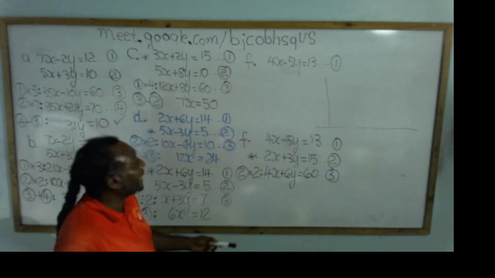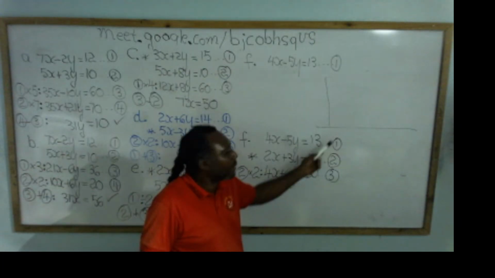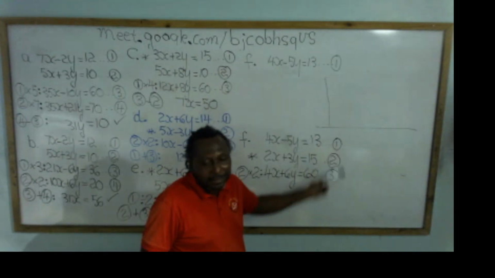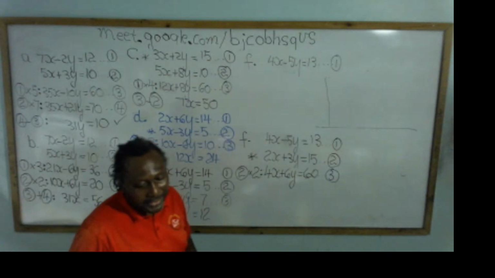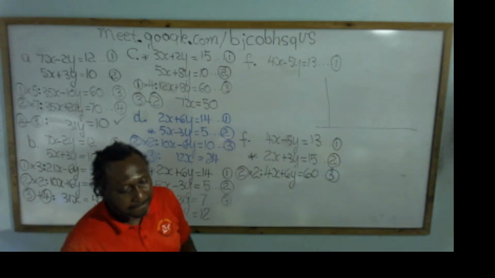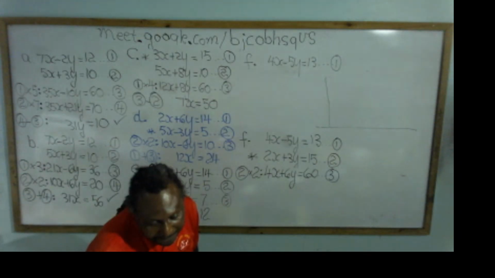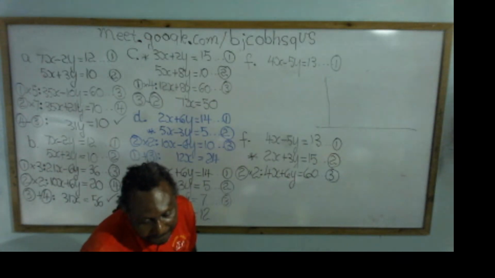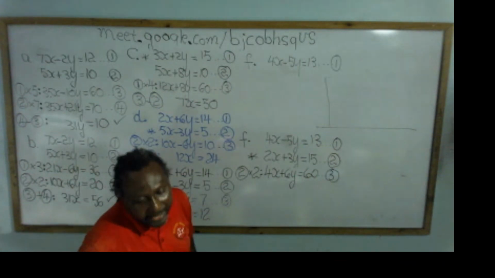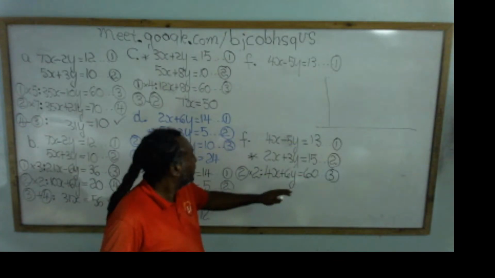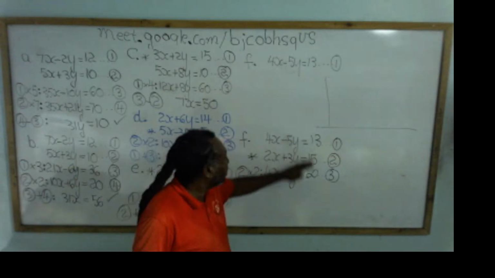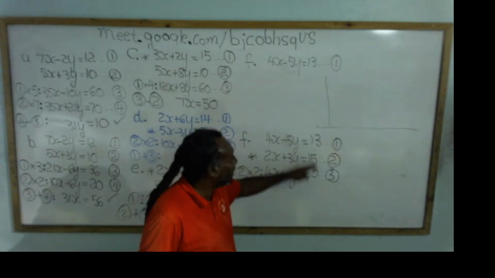So do we say equation 3 minus equation 1, or equation 1 minus equation 3? What do we say? Do we say equation 1 minus equation 3, or equation 3 minus equation 1?